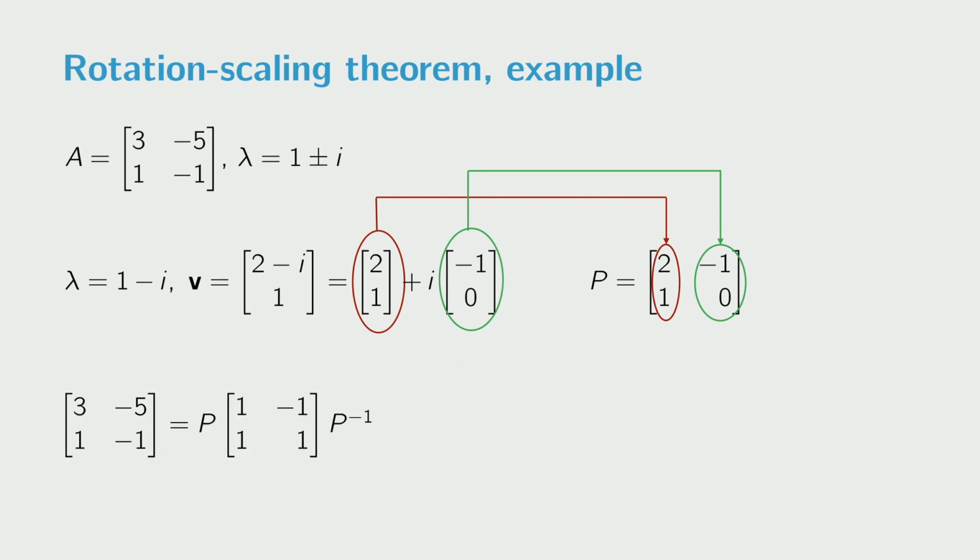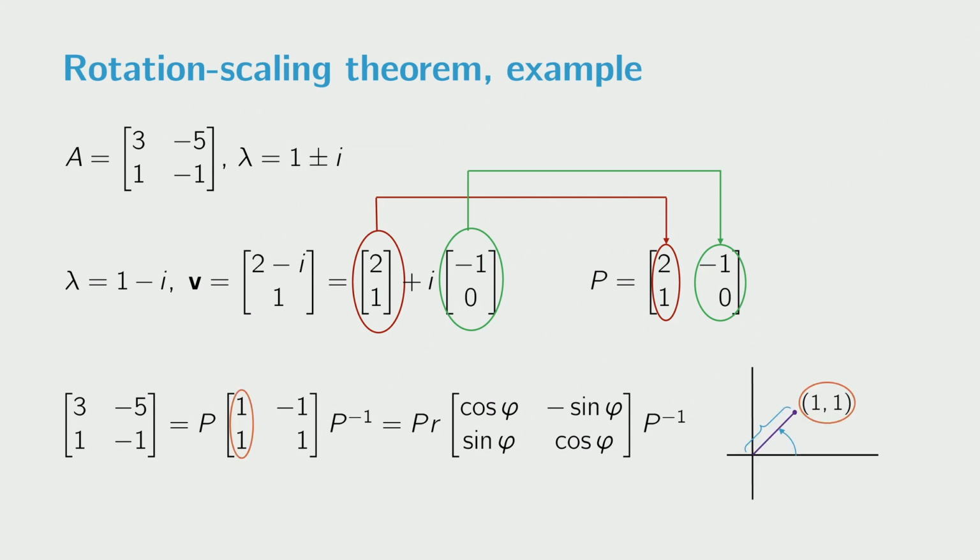You can check that the decomposition shown here does indeed hold for this matrix P. The rotation scaling matrix in the middle can alternatively be written in terms of polar coordinates r and phi. In this example, a and b are both equal to 1, so we can substitute r is equal to the square root of 2 and phi is equal to pi over 4.